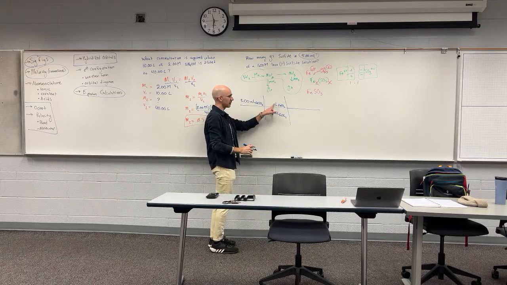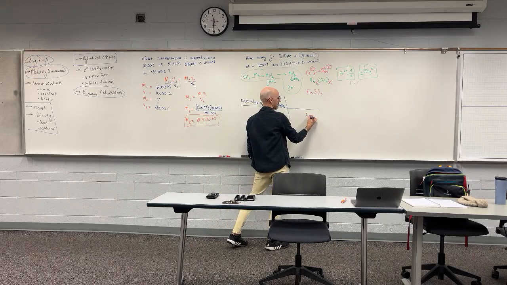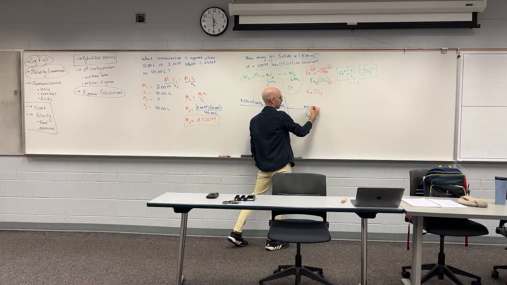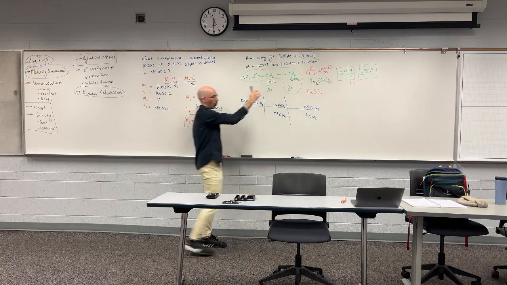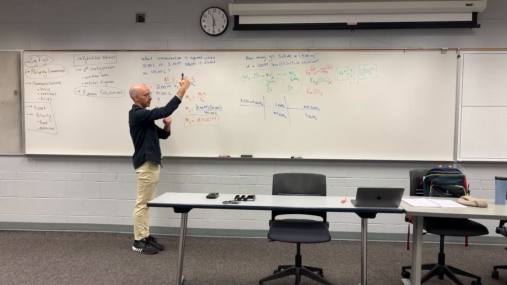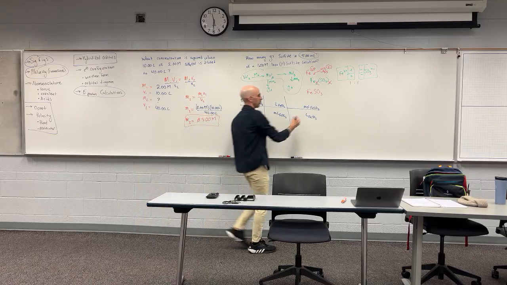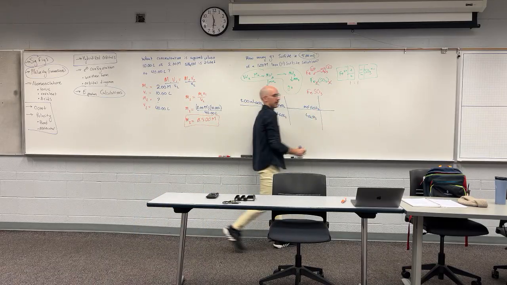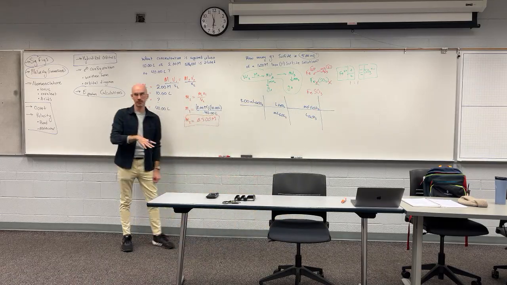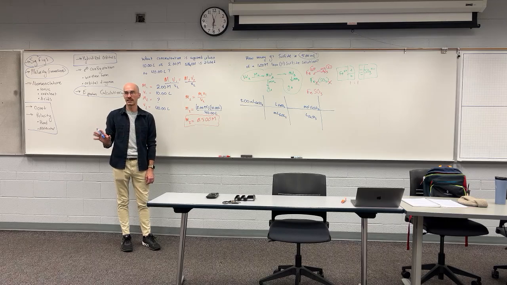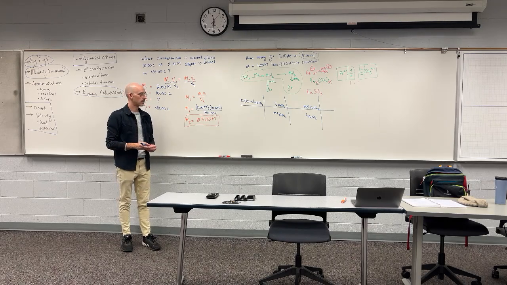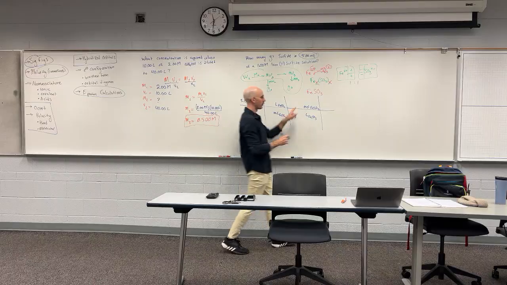Now that I've got liters of iron sulfate, I'm going to cancel liters of iron 2 sulfate using molarity. Moles per liter. That's a conversion factor. That's my molarity. I'm going to come back to put numbers in. I'm setting up all of my dimensional analysis right now. I don't want moles of iron sulfite.